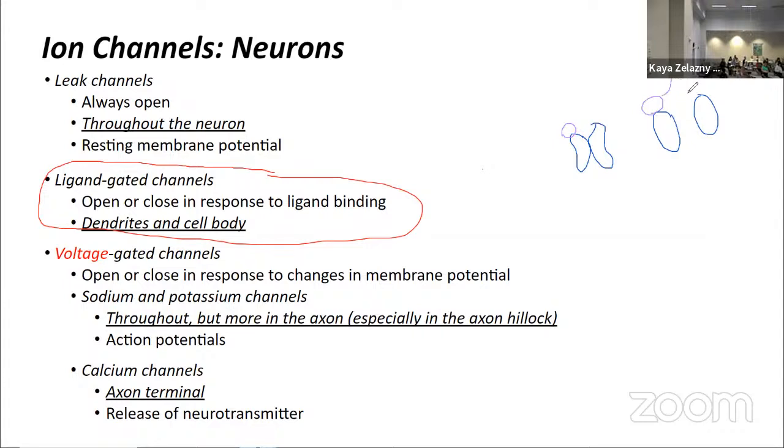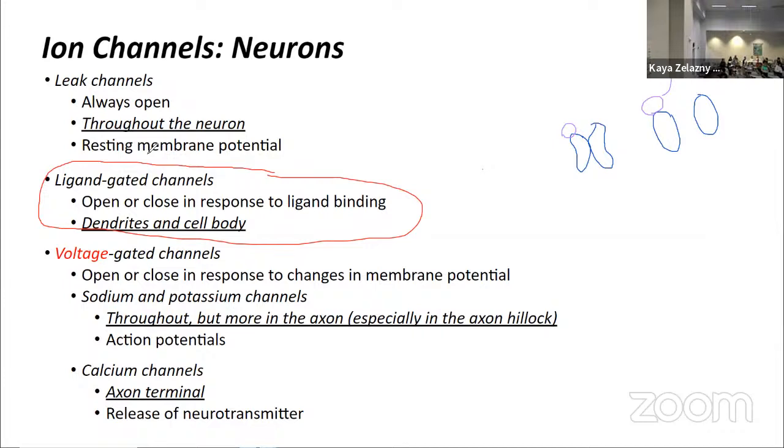So we've just opened a channel, so we can now change the amount of sodium and potassium moving across our membrane. When we say a stimulus caused a graded potential, this is usually the mechanism for that: through these ligand-gated channels. Correspondingly, you see them in the areas of the neuron that are adapted for receiving signals.